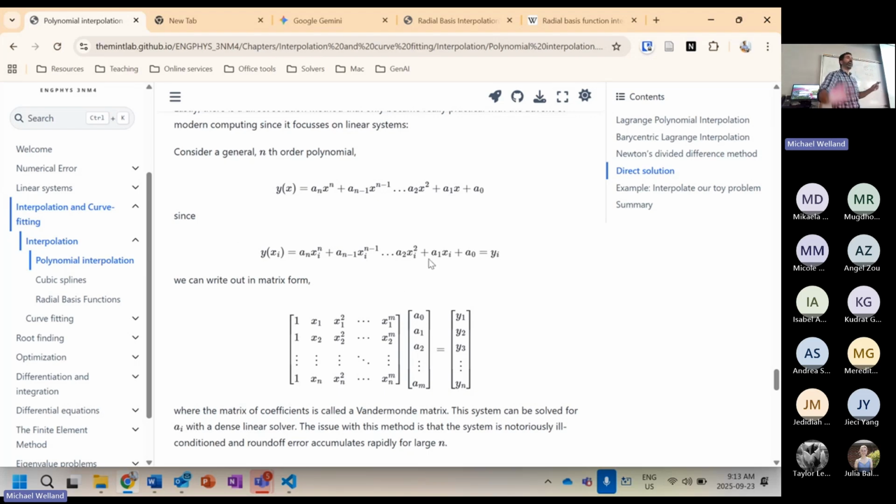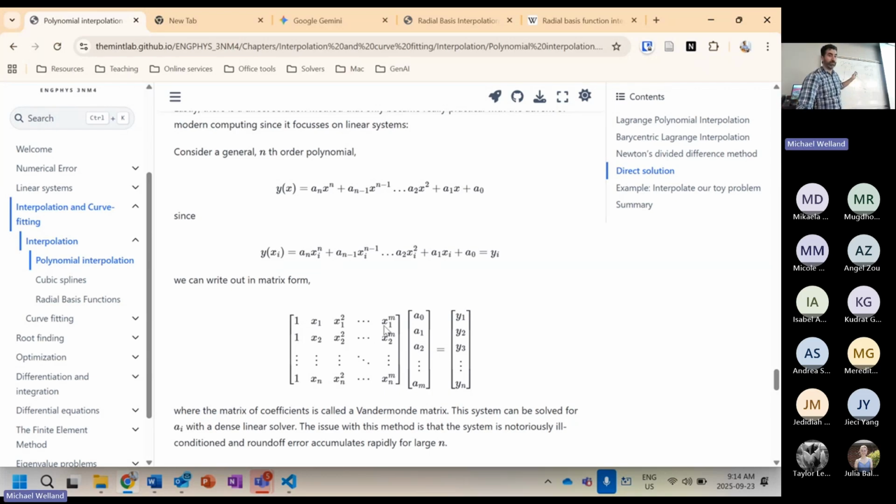A polynomial by itself is a point in a monomial function space. If that means anything to you guys. It probably would have two years ago after you did linear algebra. What that means is that you could actually write out for all of your data points a linear system.